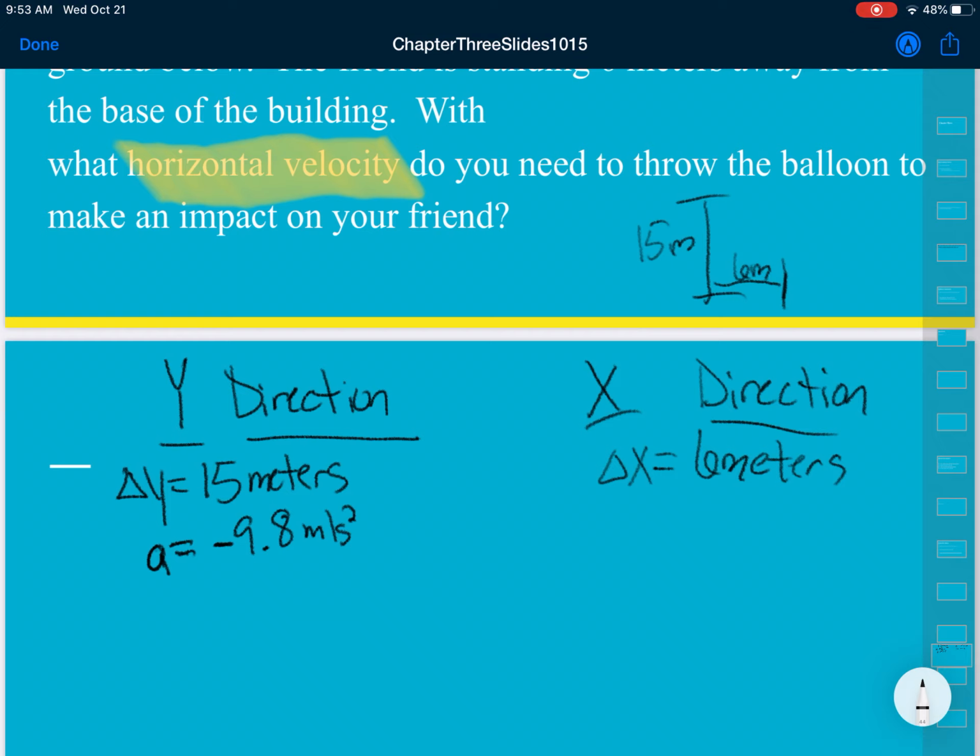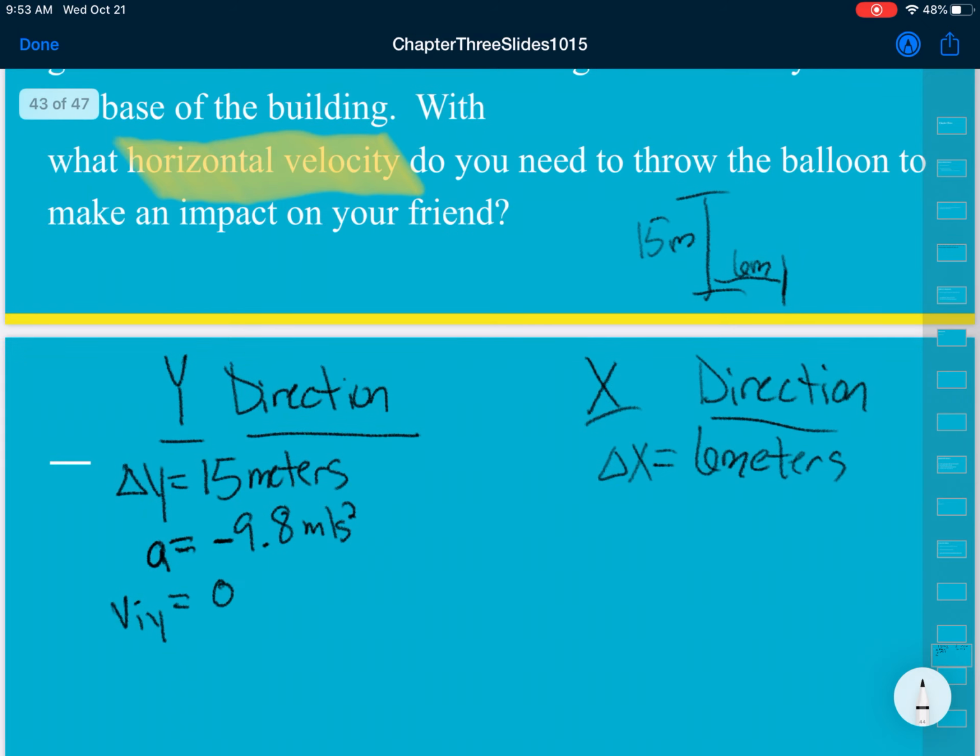We also know that our v initial in the y direction is 0 meters per second. We aren't throwing it down. We want to know what we threw it out at. So we're going to say our v initial in the y direction is 0.